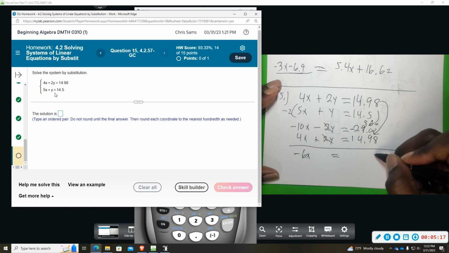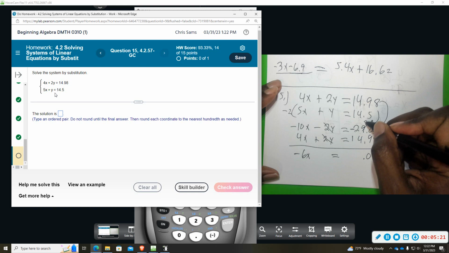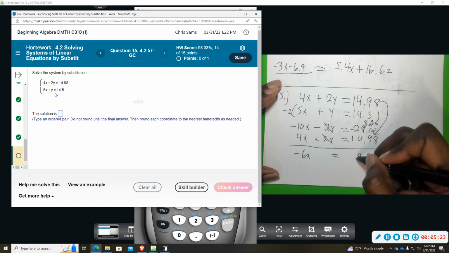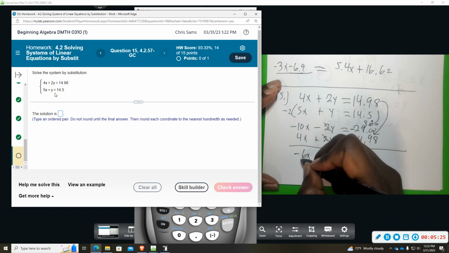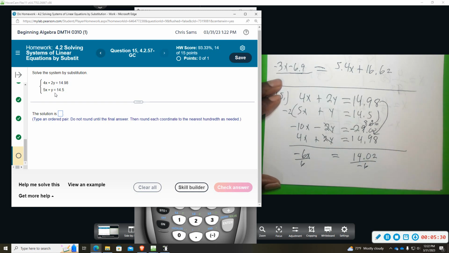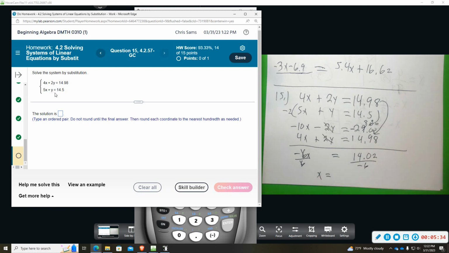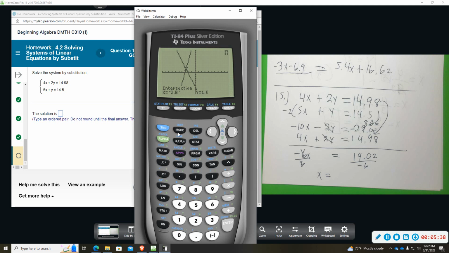So subtract, it gives me 2.41... So I'm going to do negative 6 divided by 14.2. I'm going to let the calculator figure that out. It should be a negative 14.2.